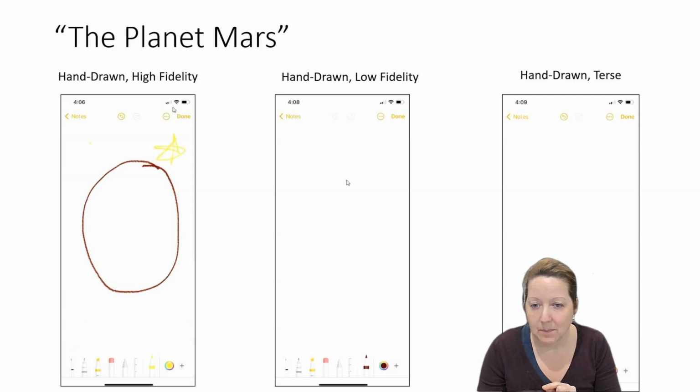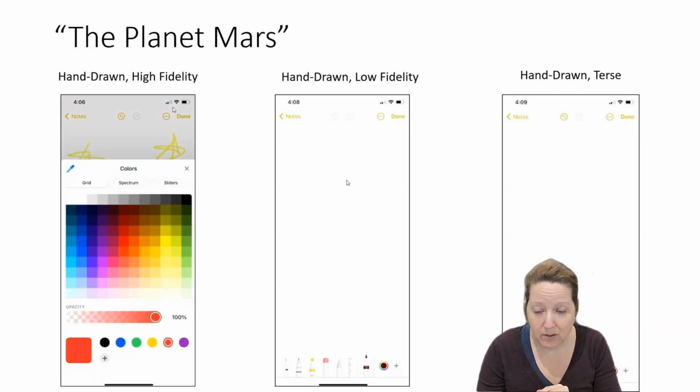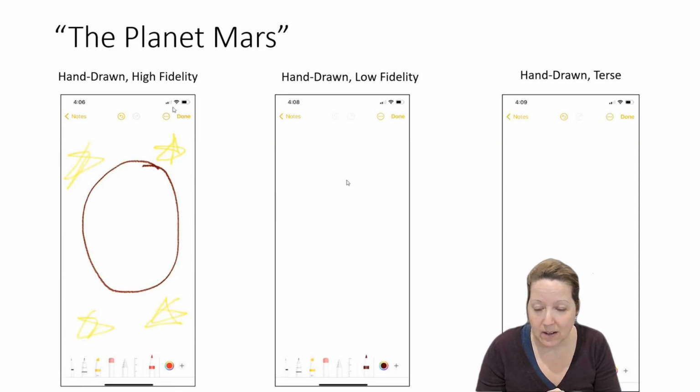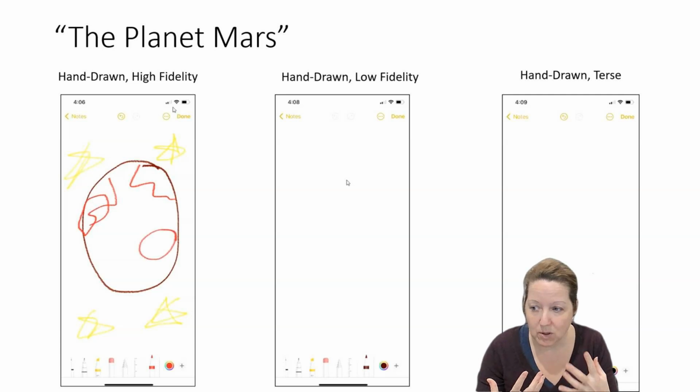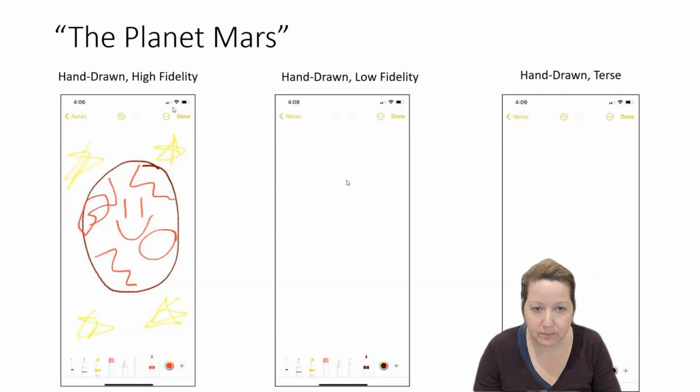But there'd be some stars in the constellation in the sky or the backdrop behind Mars. I would switch some colors back to red, and then I would draw some craters. Mars has a lot of craters on it. That's how you recognize Mars visually. And then I draw a little smiley face on it because it's a planet, and I like planets. And that would be, if I'm trying to really draw something to the best of my ability, that's what it would look like, and that's how long it would take.